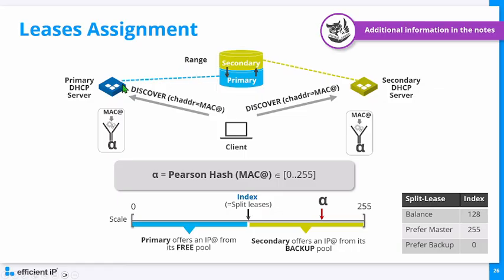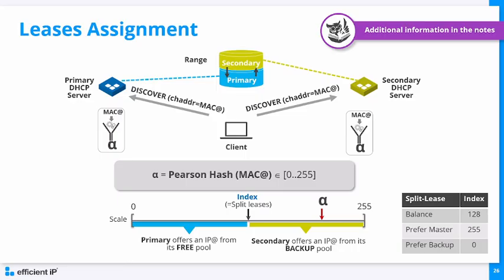When you have a one-to-one architecture, the range of IP to be offered to the client is split into half. Let's say, for example, you have a range of IP from 1 to 254 for the subnet. They split it into half. Are you clear with that?